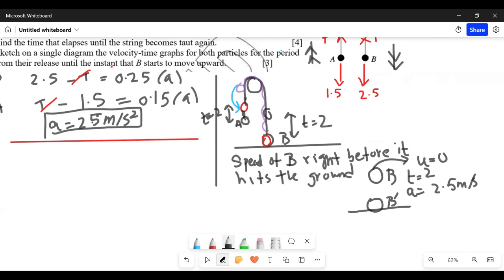So now find v for me, the speed of B right before it hits the ground.